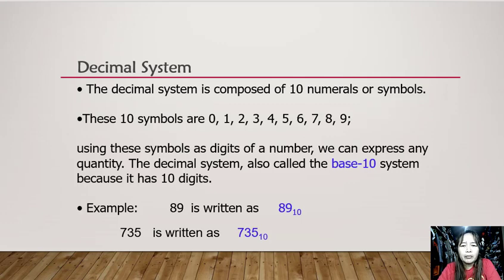Remember that the decimal system has a base of 10, so it's also called the base 10 system because it has 10 digits. When we represent a number as a decimal, we use a base of 10. So 89 is written as 89 with a base of 10, and 735 is written as 735 with a base of 10.